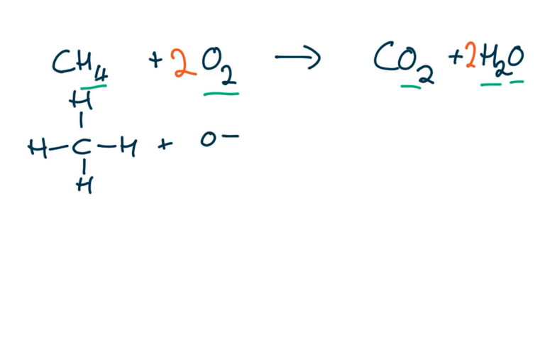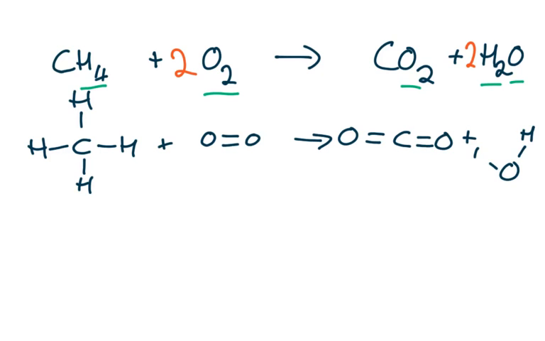Our oxygen is an oxygen-oxygen double bond, and we're going to carbon dioxide. It's got a carbon in the middle and it's actually surrounded by 2 double bonded oxygen atoms. And then our water, we've got our oxygen with single bonds to 2 hydrogens.